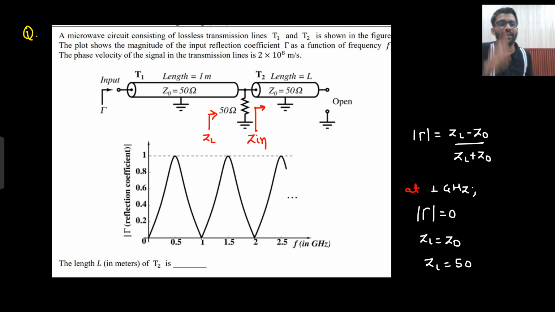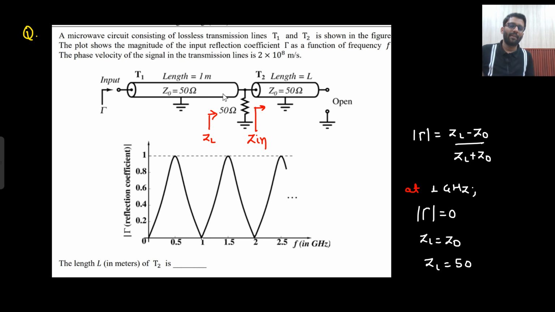So at f equals 1 gigahertz, Zin should be equal to infinity. Because if Zin is infinity, then ZL will be 50 ohm parallel with infinity, which is 50 ohm.